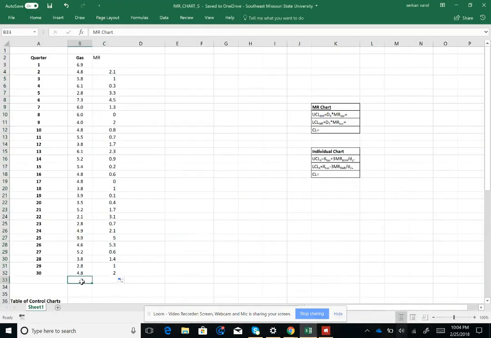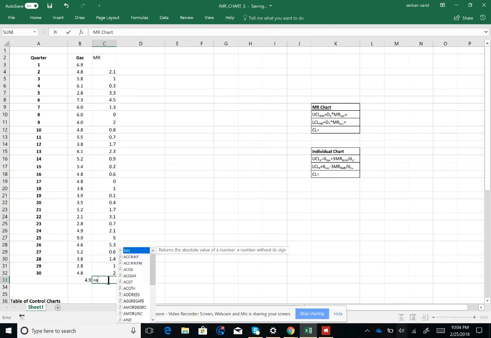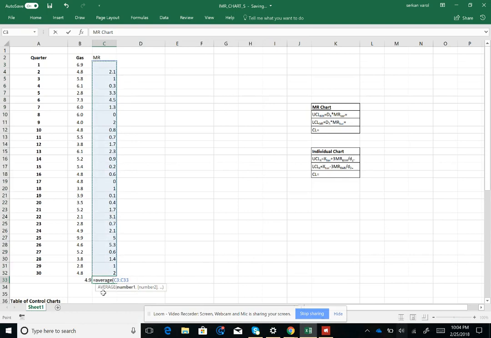Process average is the average of my gas consumption, so I'm taking the average of this. There you go, it's 4.9. And MR bar is the average of my moving range. So average... something went wrong here.